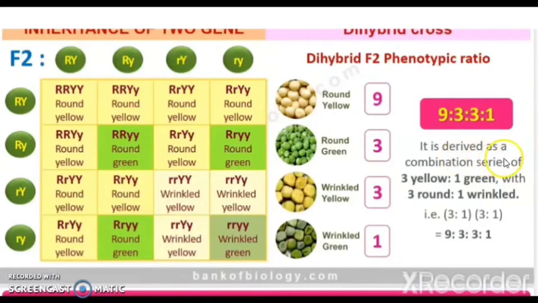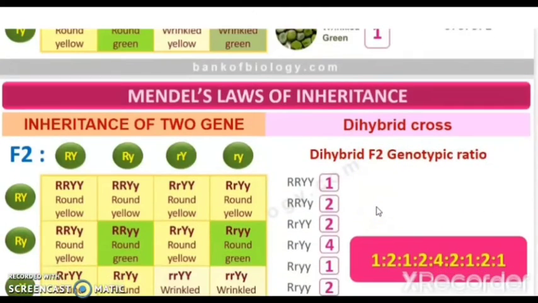So it is derived as a combination series of 3 yellow:1 green with 3 round:1 wrinkled. So this was the phenotypic ratio in the monohybrid, and this can be derived in such a way, that is 9:3:3:1.